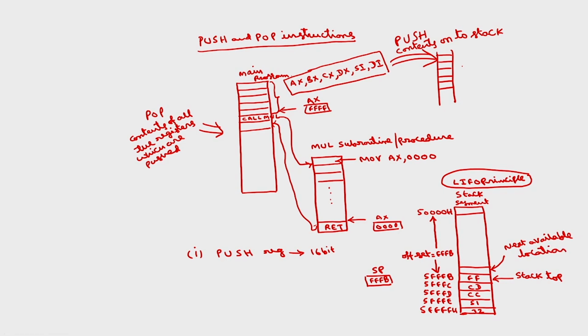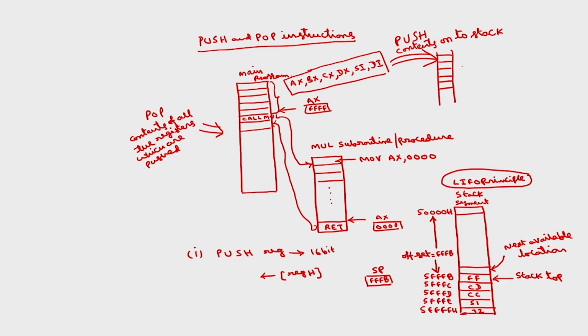Now, in push register, this register must be a 16-bit register. The contents of the 16-bit register will be transferred as follows. This register has a lower order part as well as a higher order part. The higher order register contents will be transferred to the next location. If this is the stack pointer, what is the offset of this address?